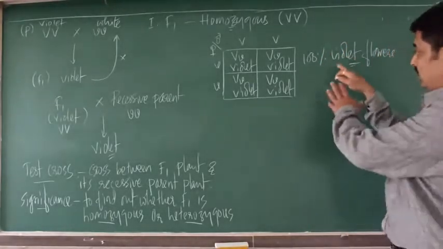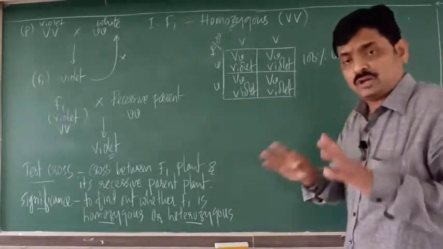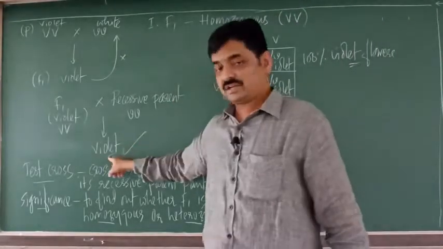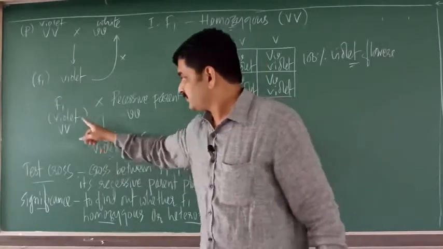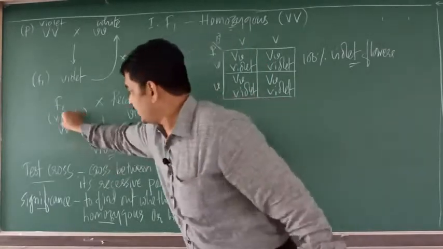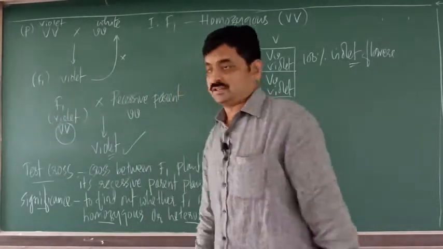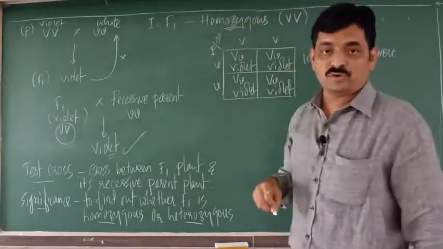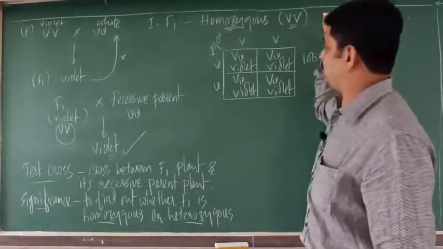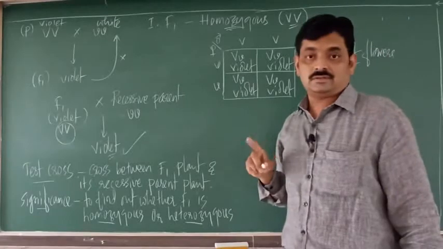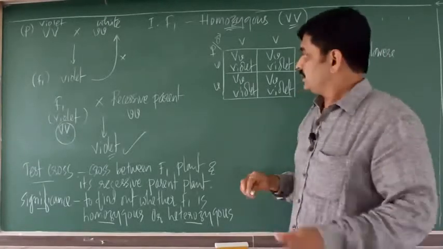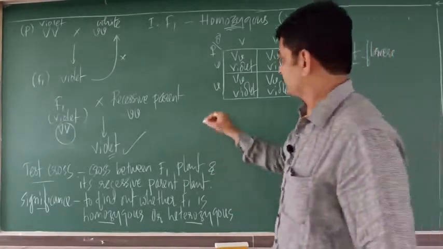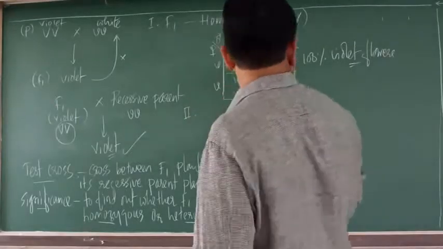So when all 100% plants produce violet flowers, it means F1 has to be homozygous, having both dominant genes. Right? Second condition. So we shall consider the second condition.